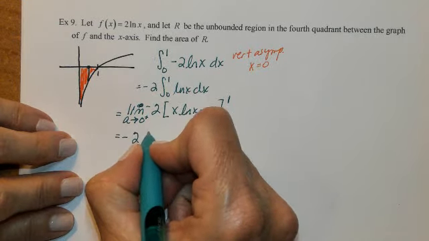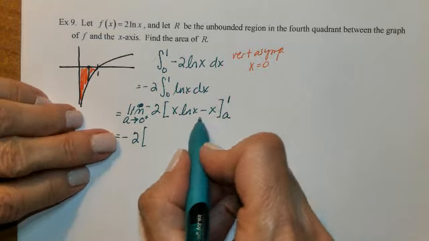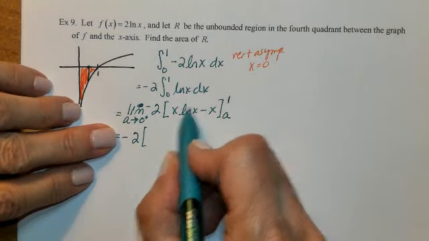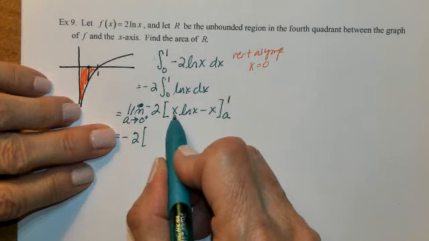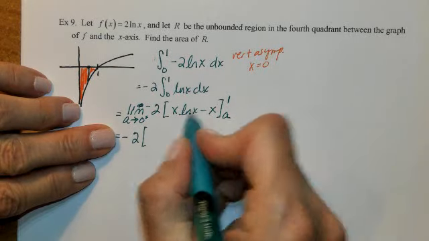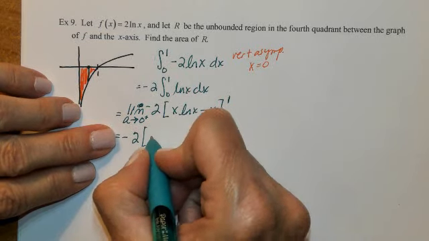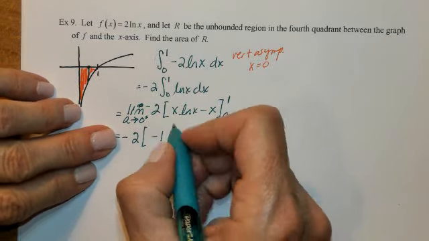All right. So what do we get here? Let's see. Well, when I put 1 in for x, I get 1 times 0, which is 0, minus 1, so that's a negative 1, right?